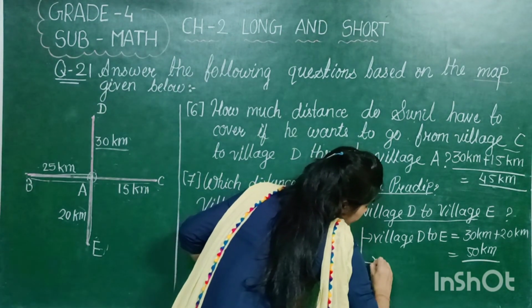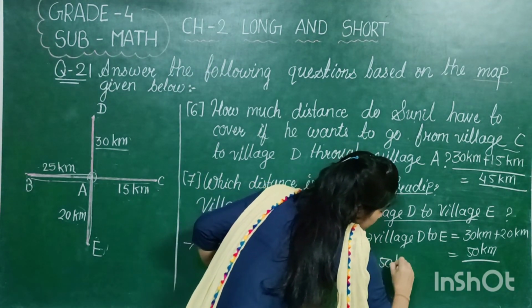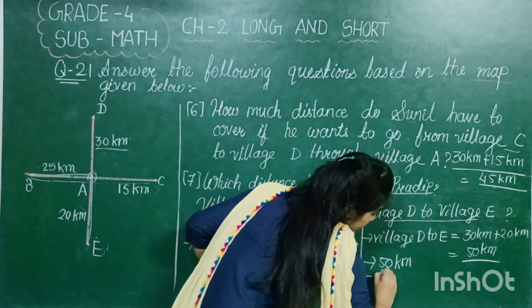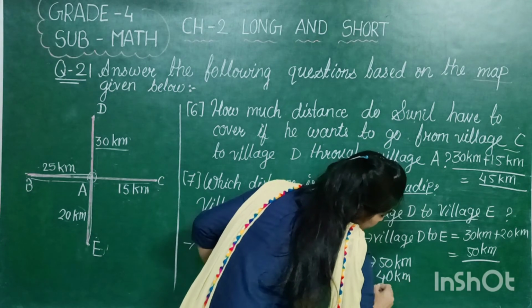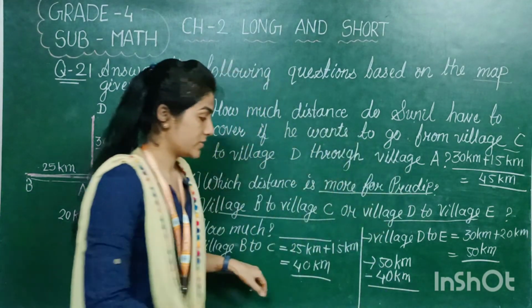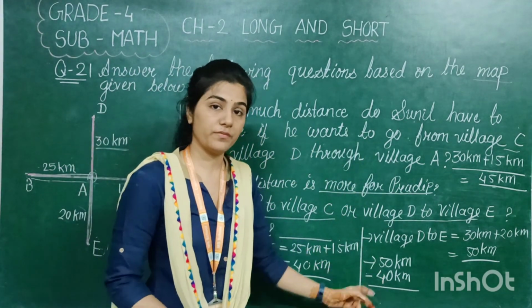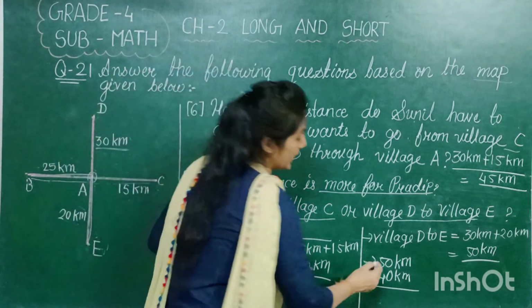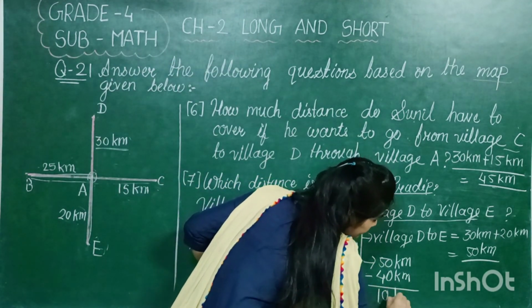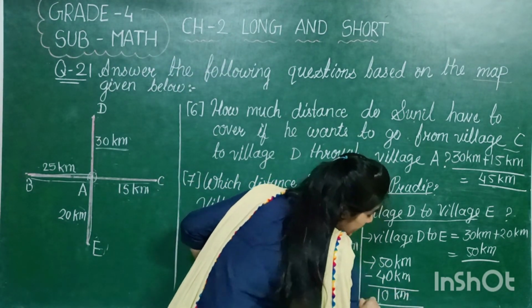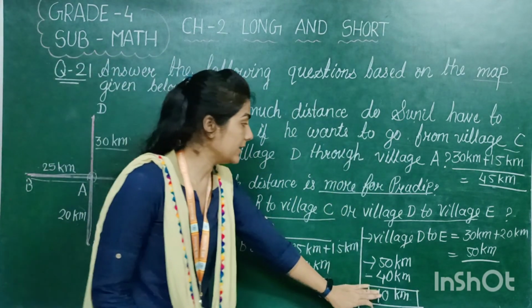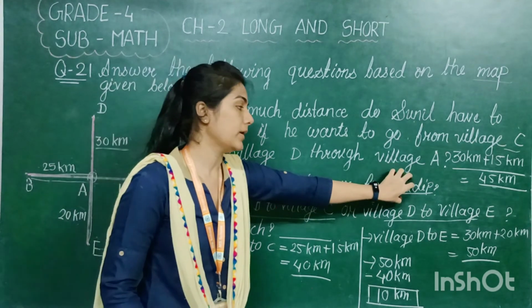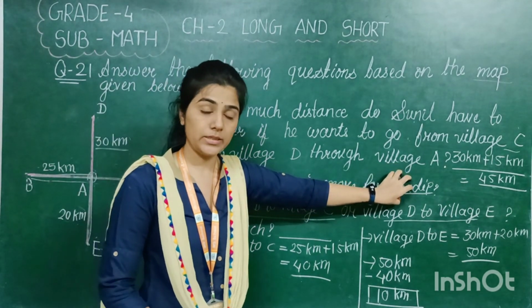So 50 kilometers minus 40 kilometers, from big we are subtracting small. So 50 minus 40, obviously the answer is very easy. We will get 10 kilometers. That means this is our final answer. Means Pradeep has to cover 10 kilometers more, right?